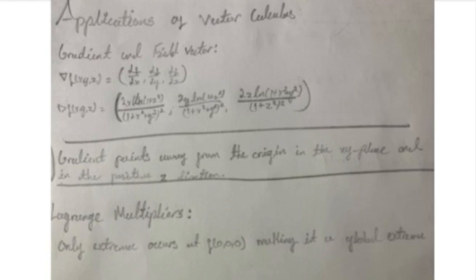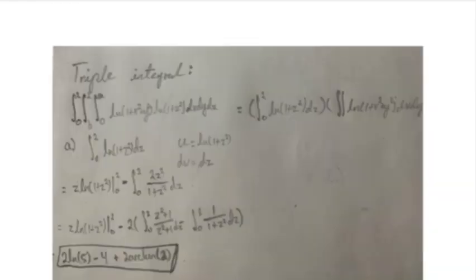And the x and y increase away from the origin in a positive direction. And the Lagrange multiplier wasn't necessary because the only extremum that occurs in this function is f of 0, 0, 0, which makes it a global extremum, a global minimum.